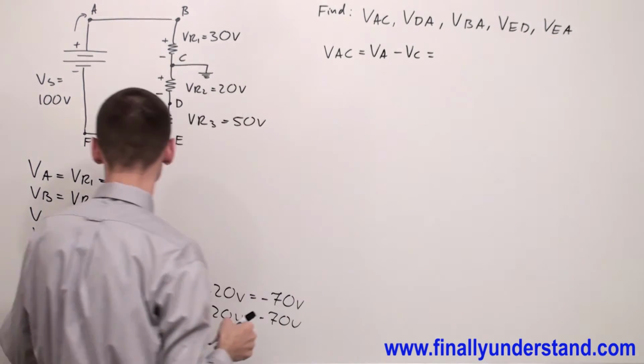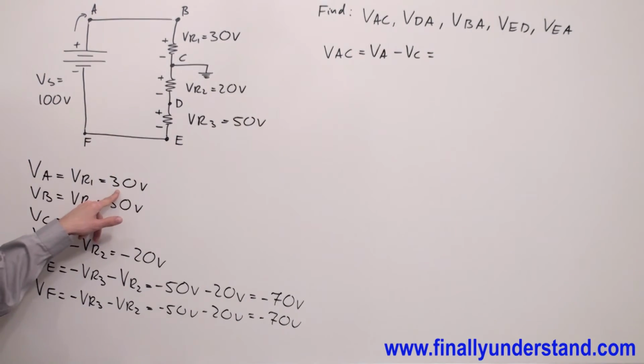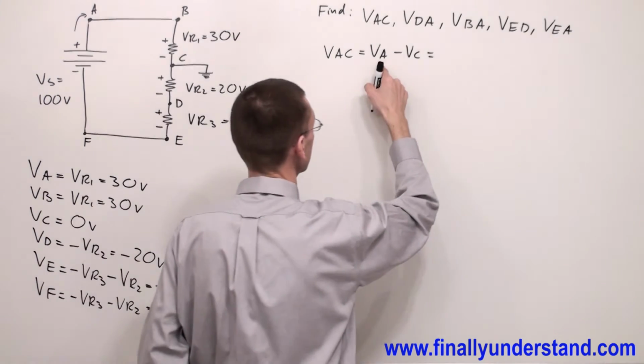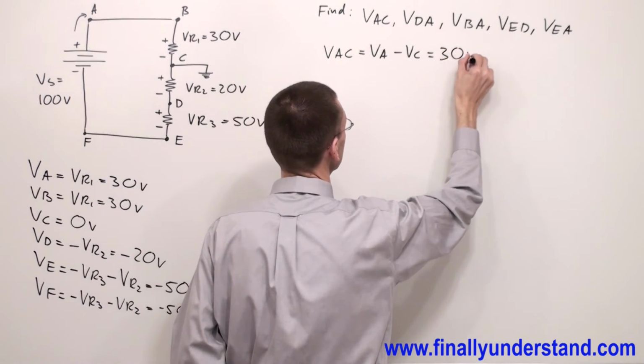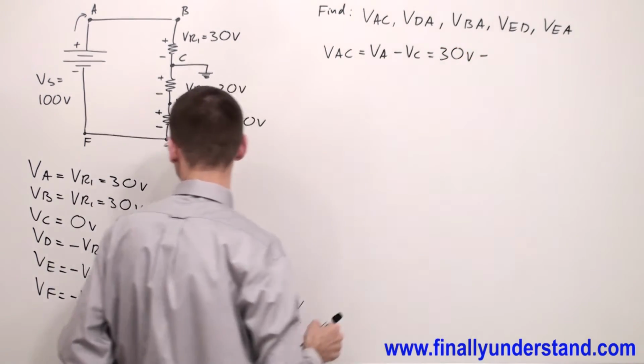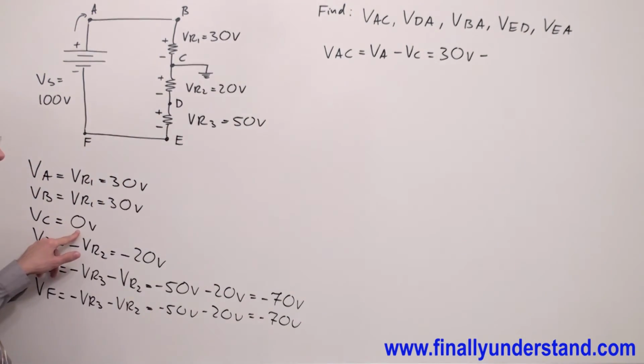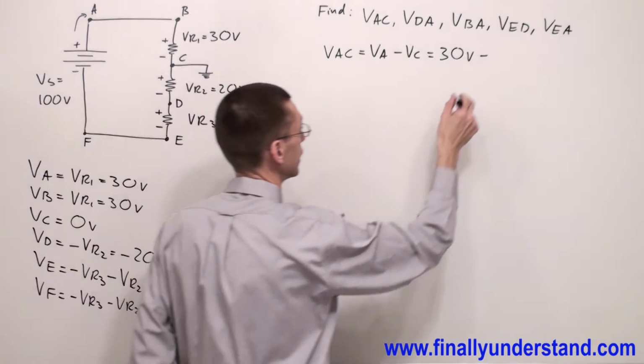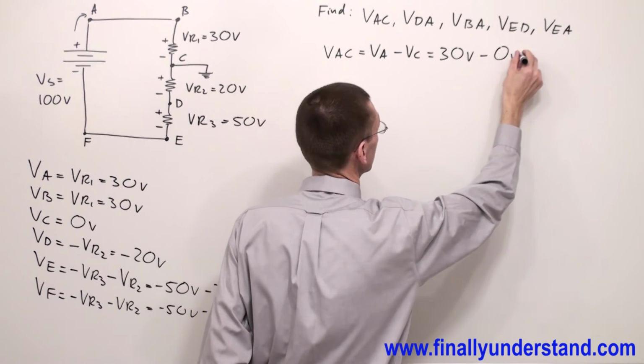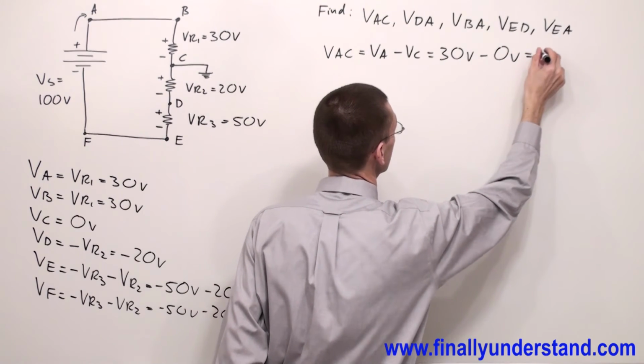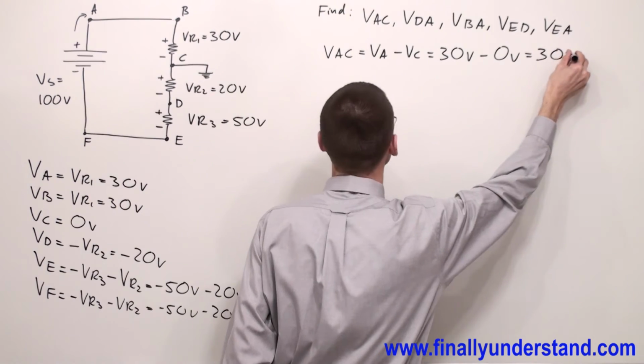We said that VA is 30 volts, so instead of VA I write 30 volts, minus VC, which we said is 0 volts. So I write over here 0 volts. 30 minus 0 is 30 volts.